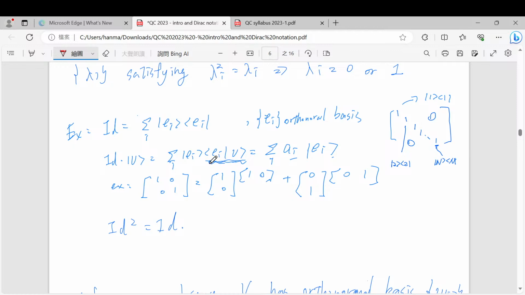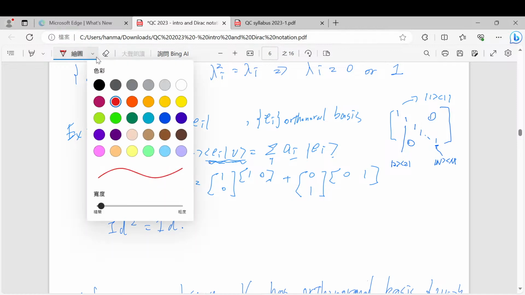So you can think about what the row vector ei times v is first, which is basically just the ith amplitude of your vector v. Maybe it's easier to draw this out.